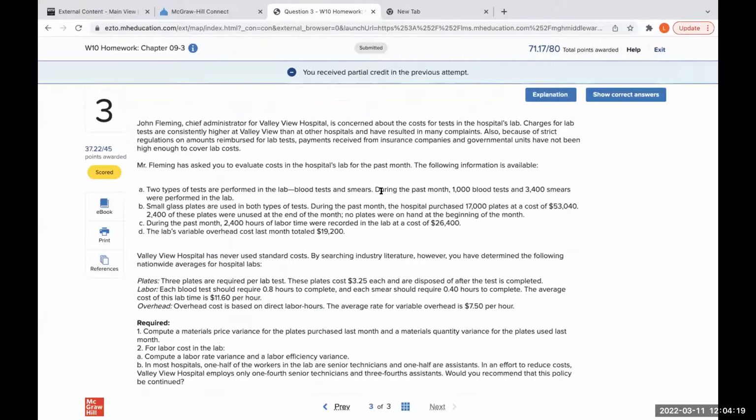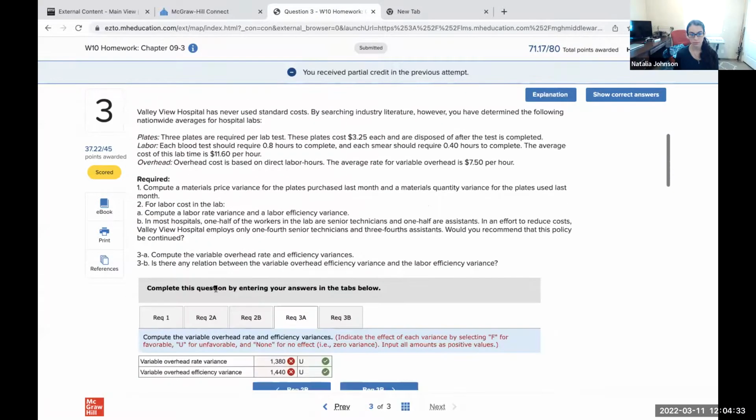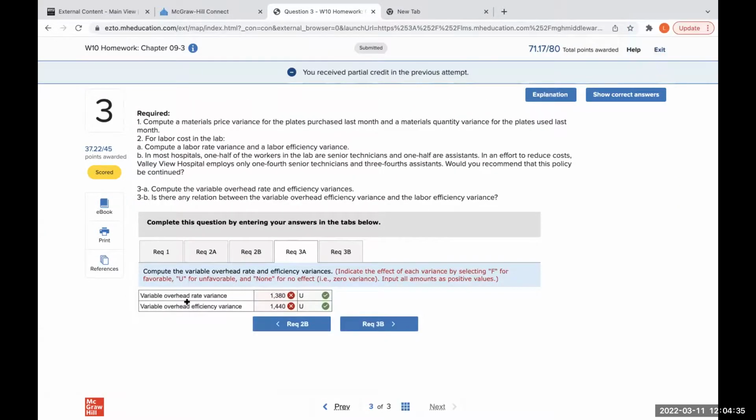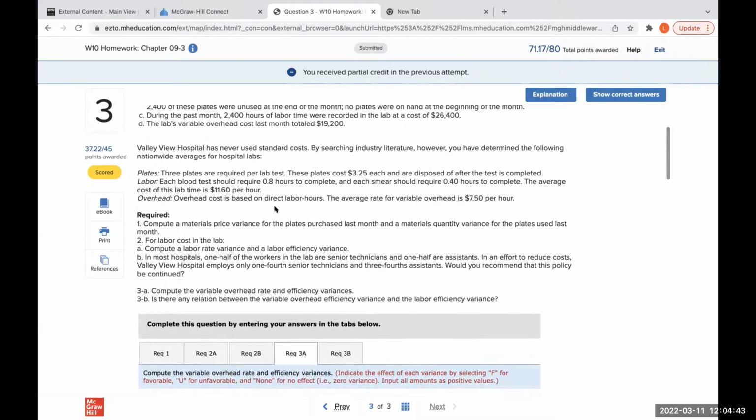This is the question from last night that tricked me because in part B it says that part of the units were not used. And then I wasn't able to do the variable overhead rate variance or the efficiency because I was so confused about all the numbers they give.